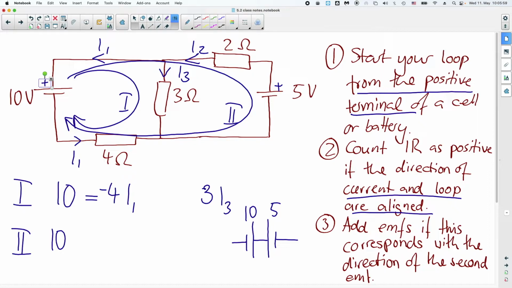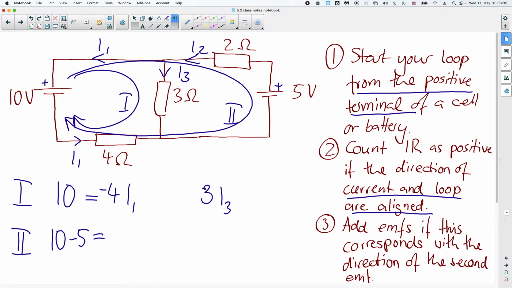When you have a 3-cell torch and you put one of them the wrong way around, your torch will probably not come on or be very weak. So the result of this is that you don't add the EMFs, but you actually need to subtract the 5 volts. So overall, I'm just getting 5 volts rather than 15. If the orientation was the other way around, needless to say, I would have to add them up. So, having said that, let's move on.